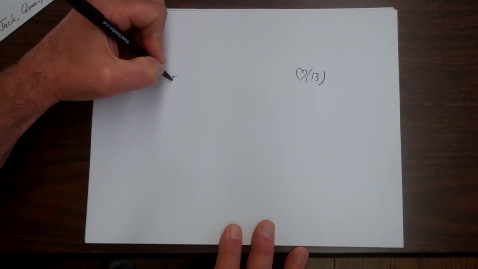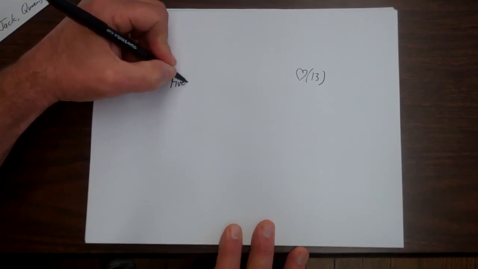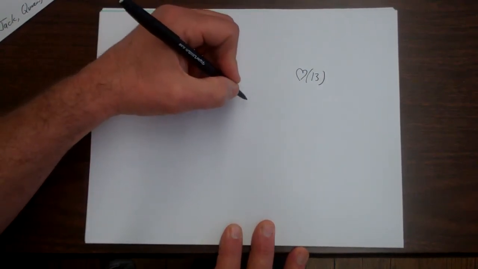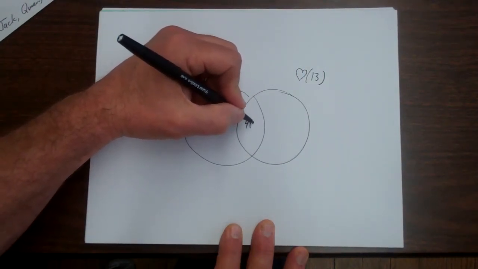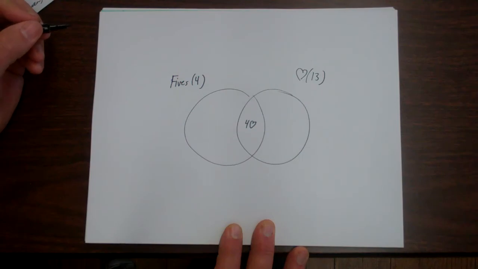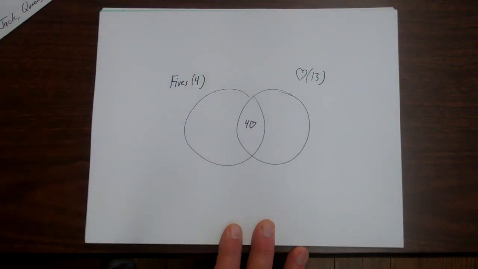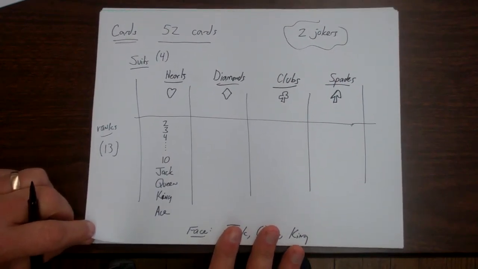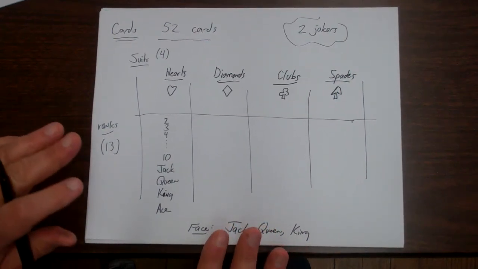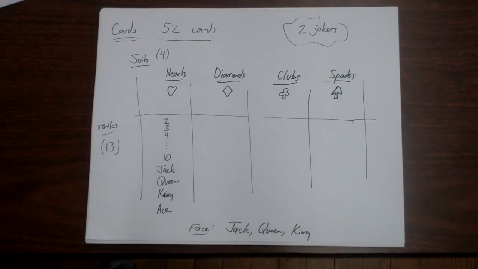If you think about fives, there are 4 fives. And there's 1 four of hearts, right? And we play with that a lot when we do probability. So make sure you understand this. Just stop and ask me or go buy a deck of cards and make sure you understand this, or use this as notes. So that's the first part of probability. And now you're going to watch video number 2.